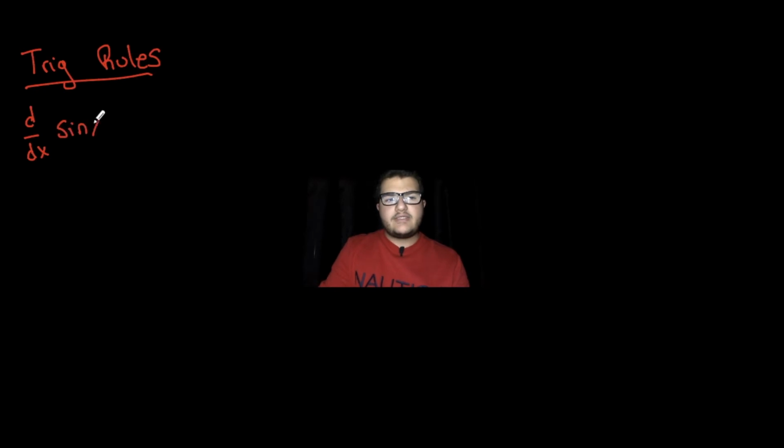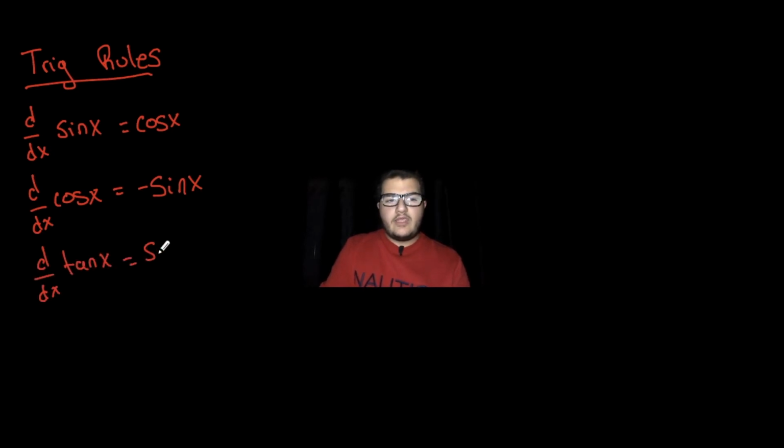Moving on, now we have the trig rules for derivatives. And there are 6 of them, so you should know all of them. The derivative of sine x is cosine x. The derivative of cosine x is negative sine x. The derivative of tangent x is secant squared of x.